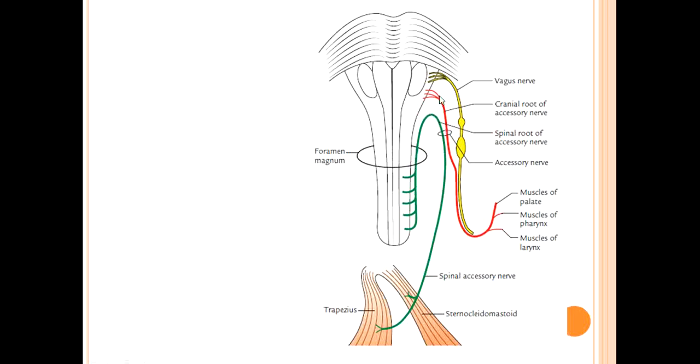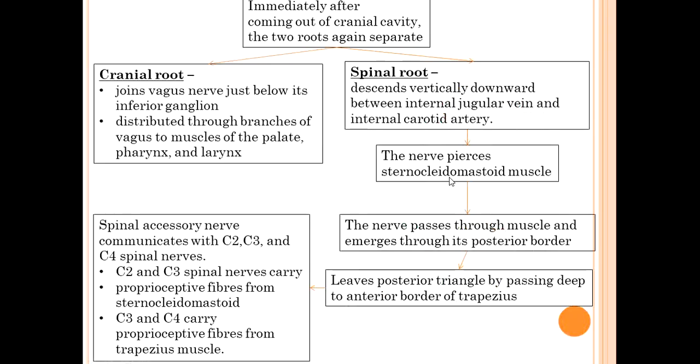They are going and joining with the fibers of the cranial root below the inferior ganglion of vagus nerve. Now here the fibers again separate. First you can see the spinal root is coming out via the middle compartment of jugular foramen.